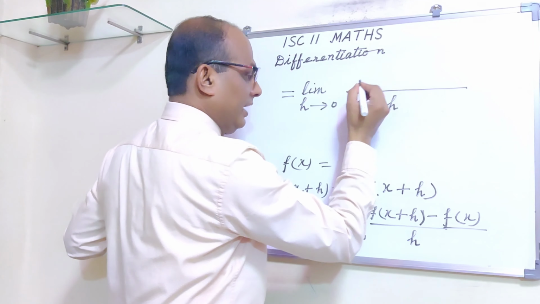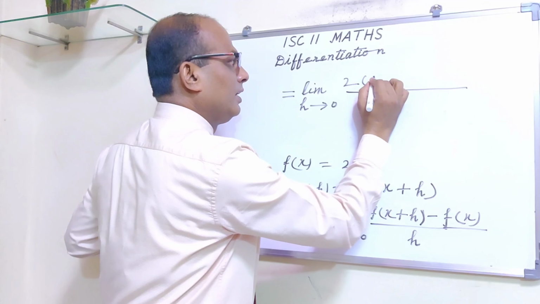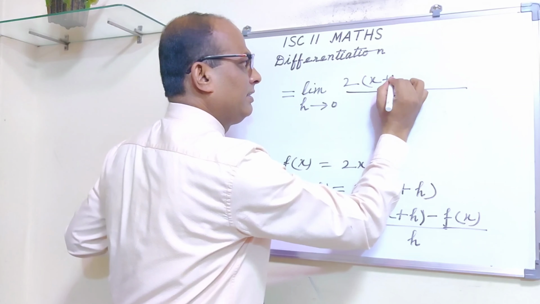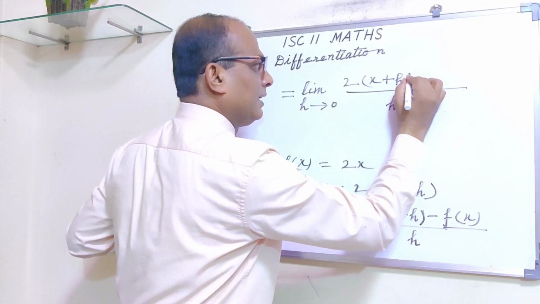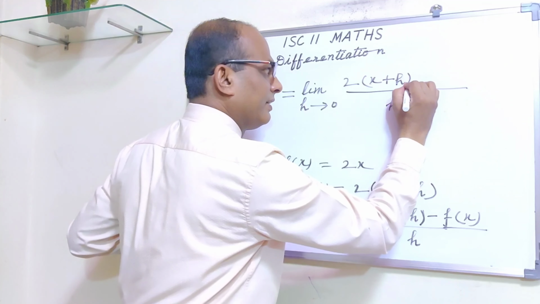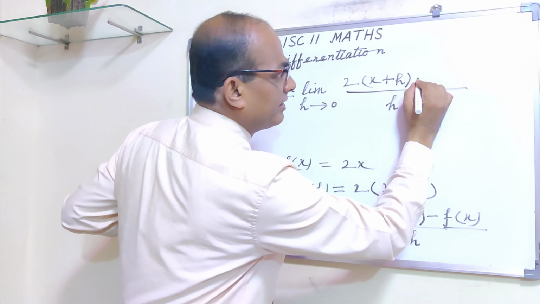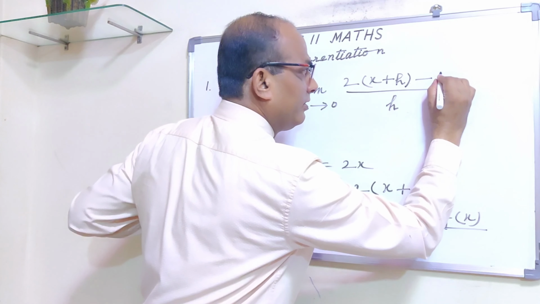And minus f(x). What is f(x)? f(x) is 2x. So we write then 2x.